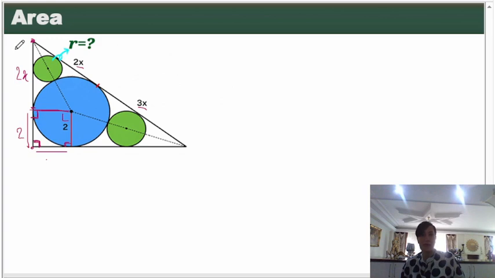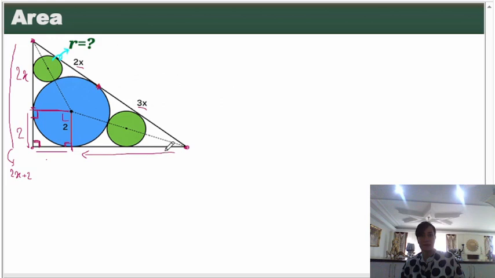Anyway, I find this side of this right angle triangle is 2x plus 2. So this side would be 2x plus 2. How about here? I have to say again, the tangents from the external point to the circle are the same in length.